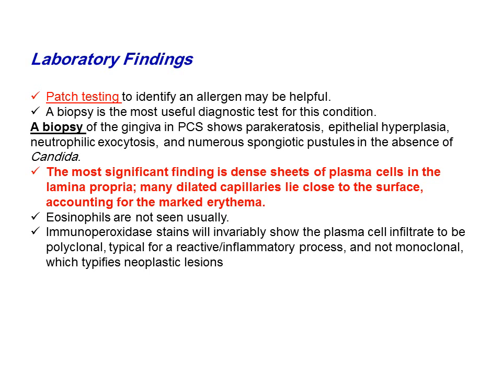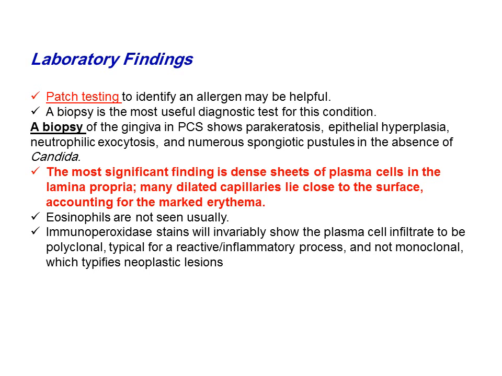Laboratory findings: patch testing to identify an allergen may be helpful. A biopsy is the most helpful diagnostic test for this condition. A biopsy of the gingiva in plasma cell stomatitis shows parakeratosis, epithelial hyperplasia, neutrophils, and numerous spongiotic pustules in the absence of candida.